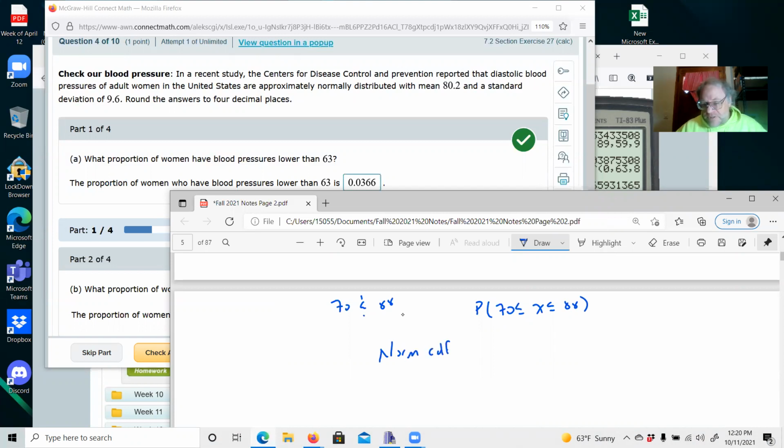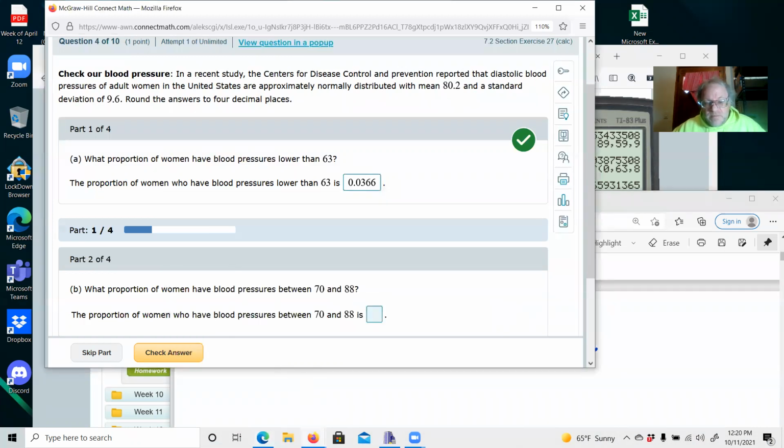This was actually an easier problem, because my low number is 70, my high number is 88, my average was 80.2, and my standard deviation is 9.6. So it's about one standard deviation up, about one standard deviation down, so it should be somewhere around 70%-ish.